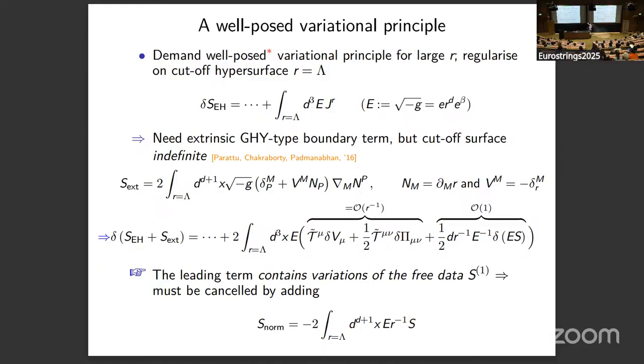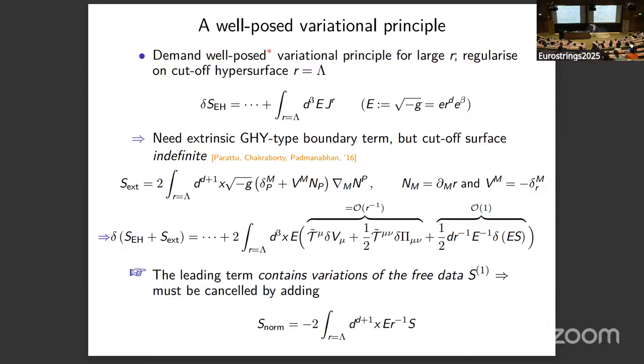Luckily, roughly 10 years ago, these gentlemen came up with a counterterm that precisely deals with this issue, and it takes this form. And when we then add this, the variation takes this particular form. This part we like, it looks like what we had on the other slide, but this part we don't like because this precisely contains variations of free data.